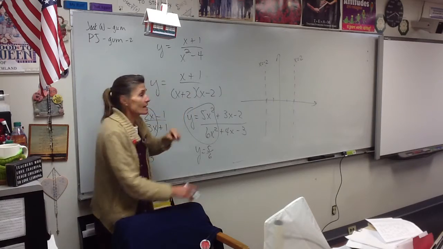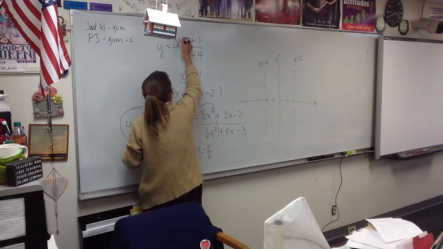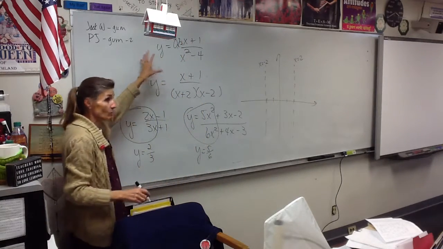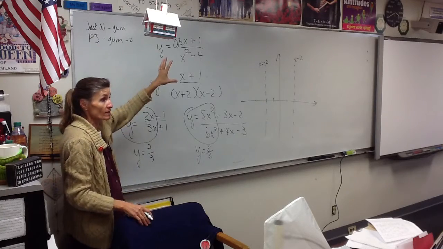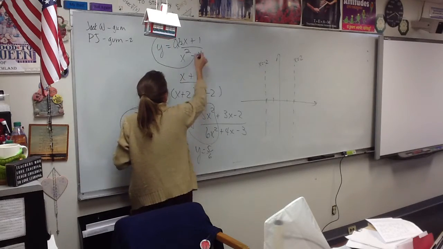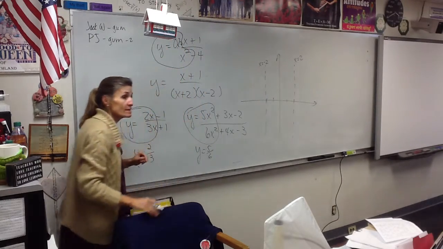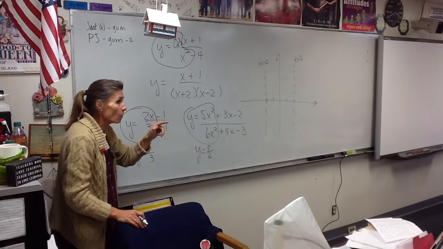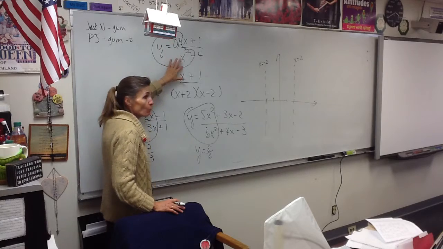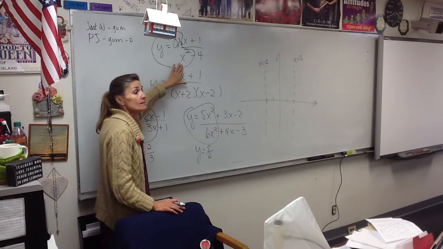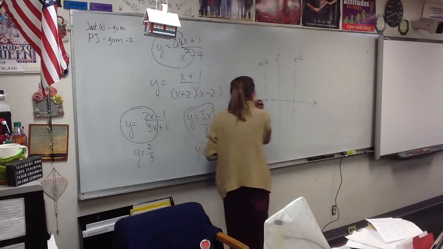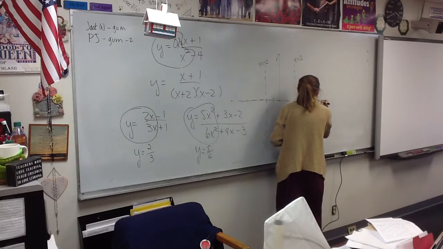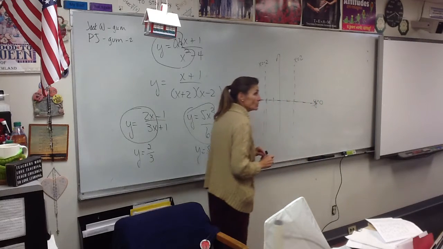So if it's missing, you put in a 0 x squared. You fill it in, 0. I got 0 x squared. Now, where is that asymptote going to be? At 0. Because 0 over 1 is 0.